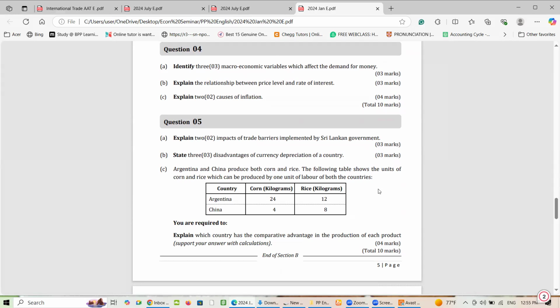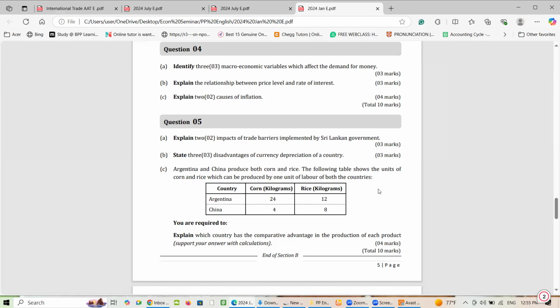Argentina and China produce both corn and rice. The following table shows the unit of corn and rice which can be produced by 1 unit of labor of both the countries. Now, 2 countries, corn production and rice production.